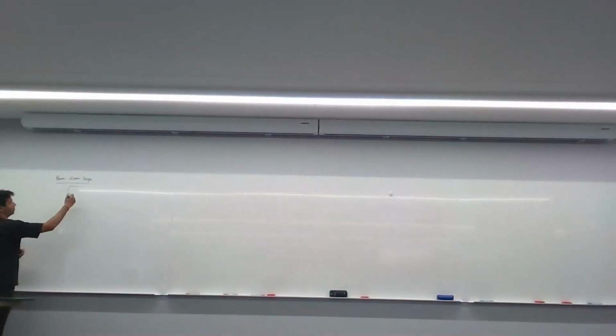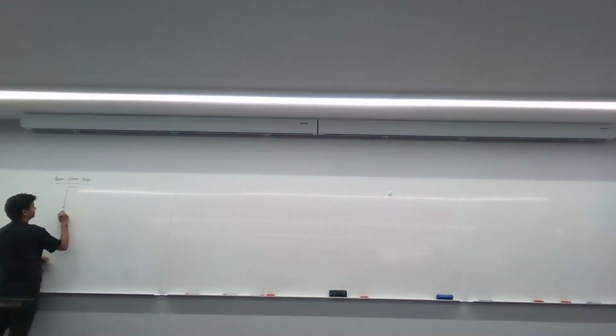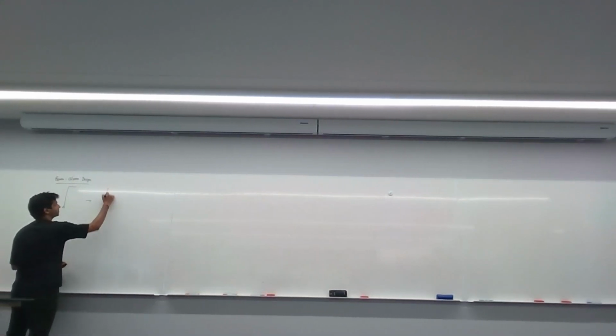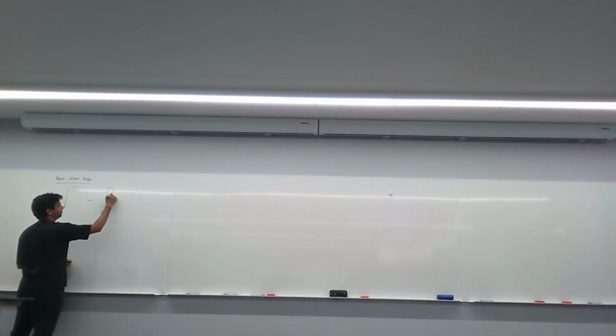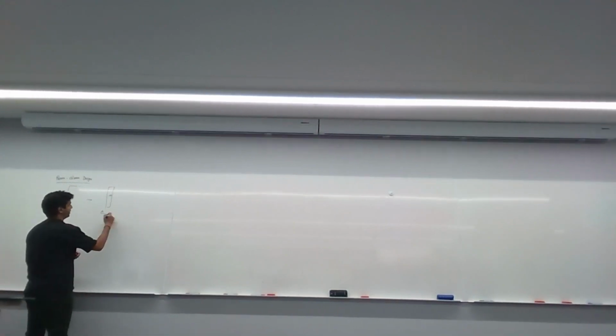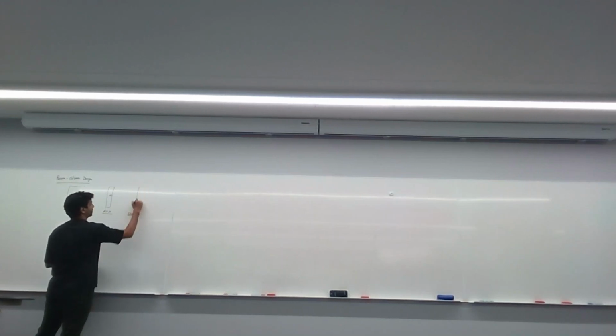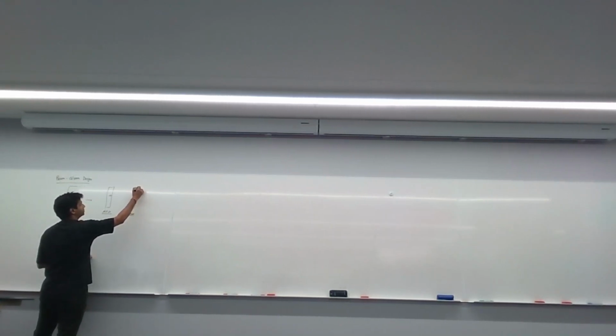Let's say the column goes through, it's got compression. So let's say the axial force diagram for the column looks like this, negative 50 or something, for example. This is the AFD. And then the bending moment diagram of the column looks something like this.